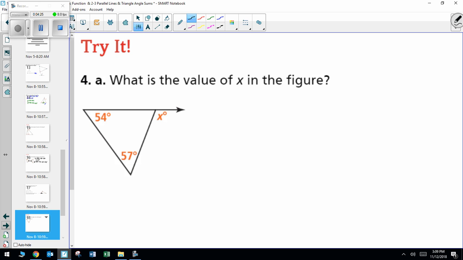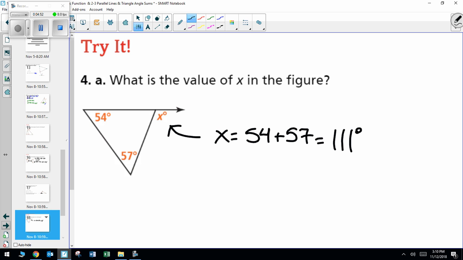So, using that knowledge here, I know that this exterior angle has to be the sum of the 2 interior angles. So x is simply 54 plus 57, which is 111 degrees. Which I could have also found out if I didn't know that property.